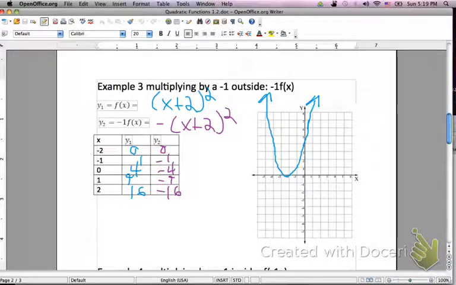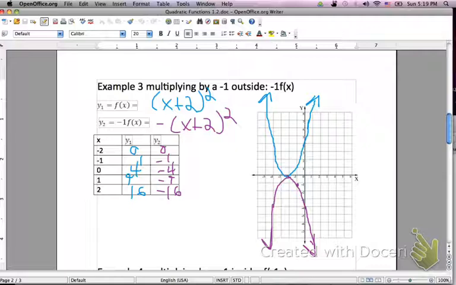And then I can do the same thing. At negative 1, I have a negative 1. At 0, I have a negative 4. And this is going to be off the charts, but something like that.